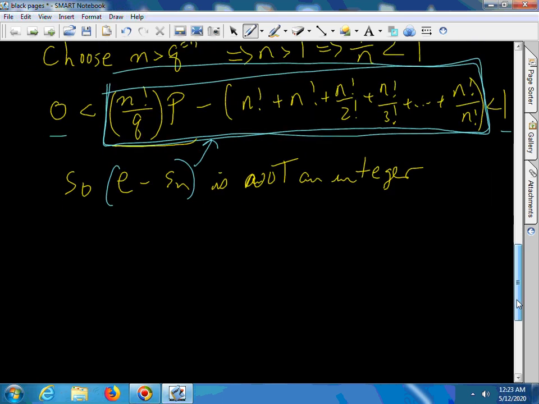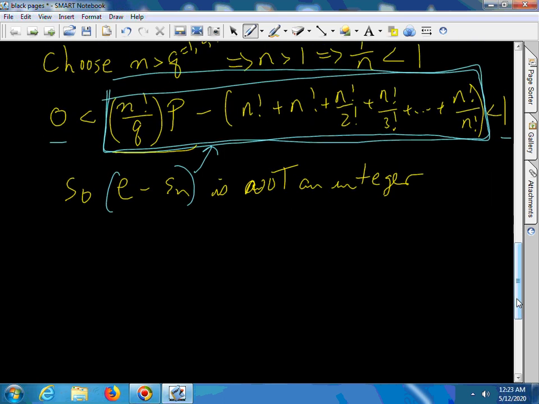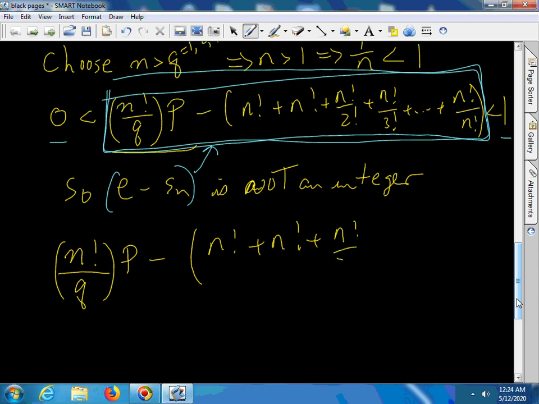Okay, wonderful. So now let us look at what's in that blue box more carefully. n factorial over q times p minus n factorial plus n factorial plus n factorial over 2 factorial plus n factorial over 3 factorial, all the way up to finally when the denominator is as big as the numerator.